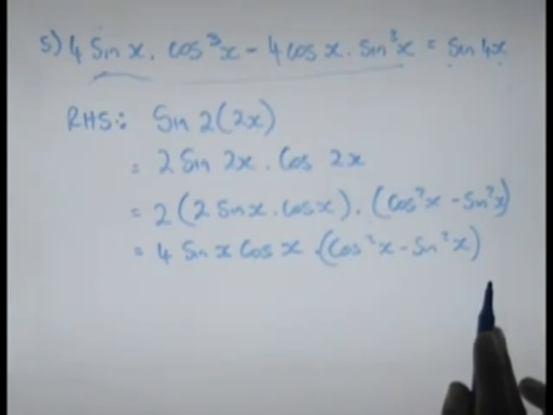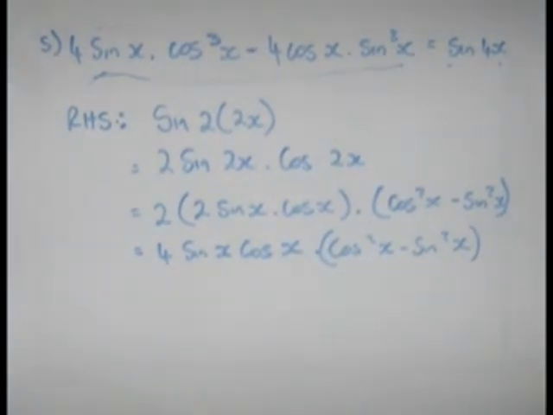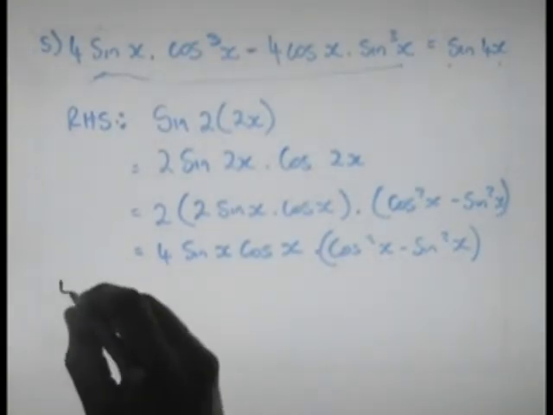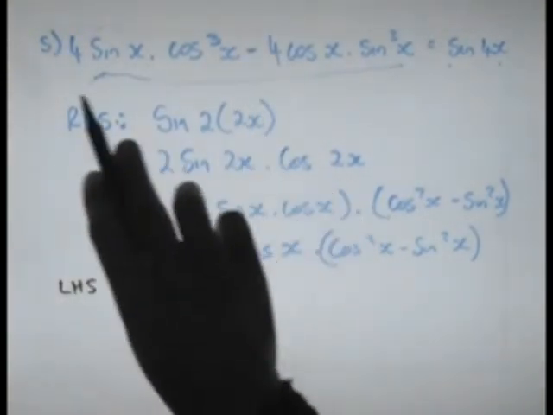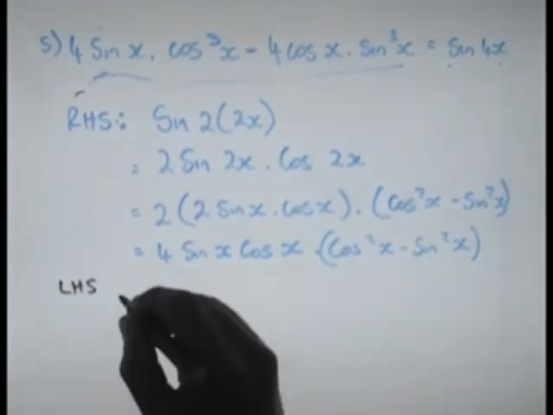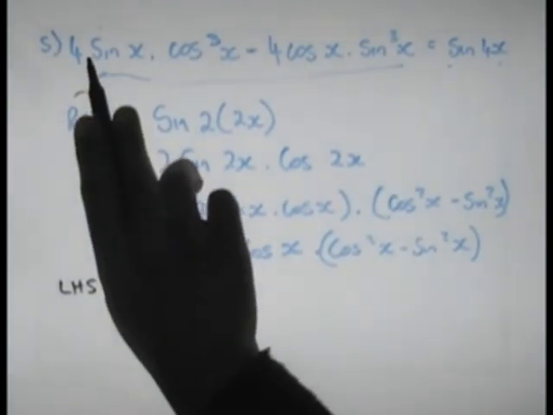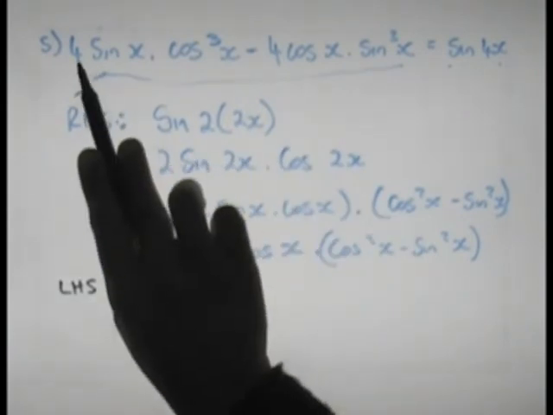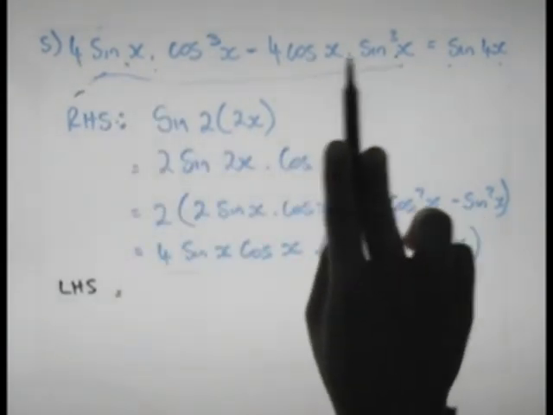Now let us look at the left hand side. Remember, now we are working with the left hand side, but we are trying to bring it to this. From the left hand side, can't I take out a common factor of 4 sine x cos x?